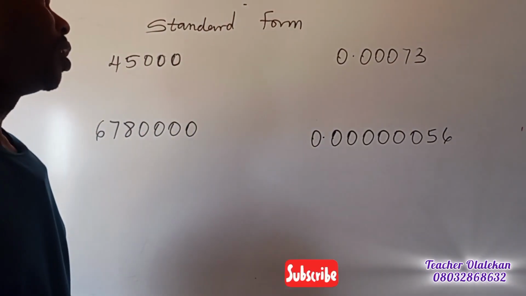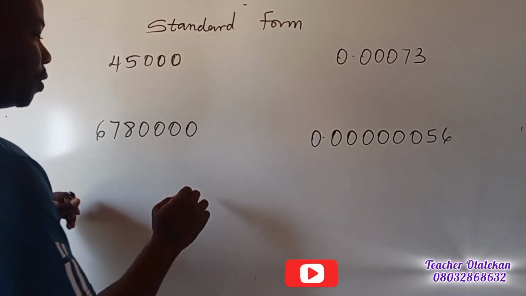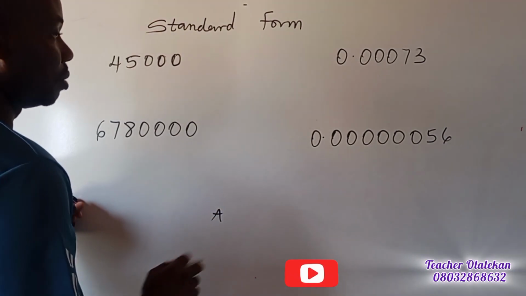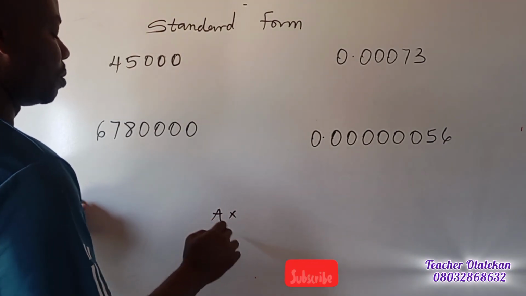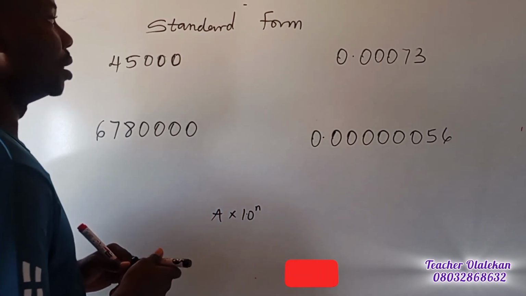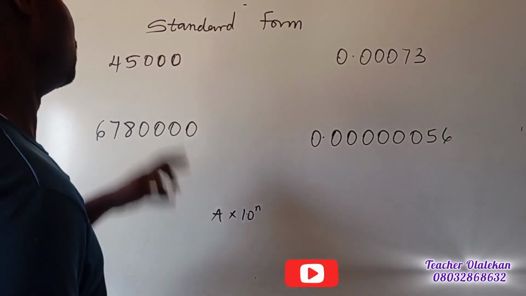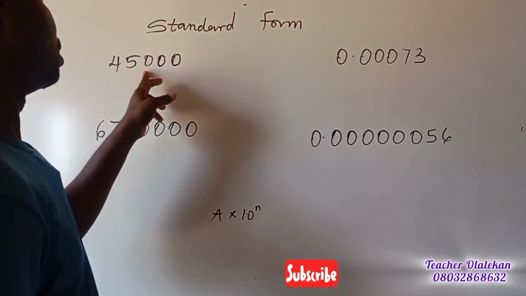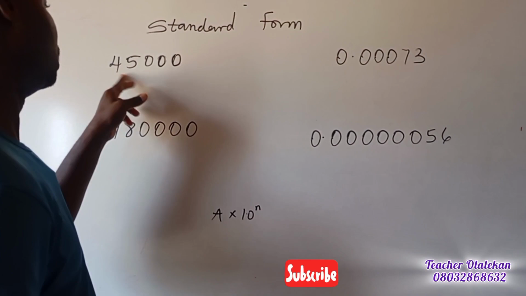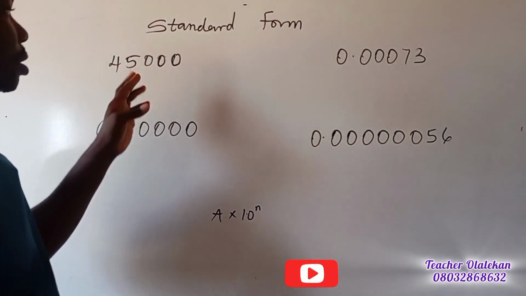So, to write figures in standard form, do not forget standard form follows this model: A, which is the coefficient, multiplied by 10 raised to the exponent of n. And in my previous video where I introduced standard form, I told you that if the zeros are to the right-hand side of the figures, like these figures greater than 1, then it's going to be positive.